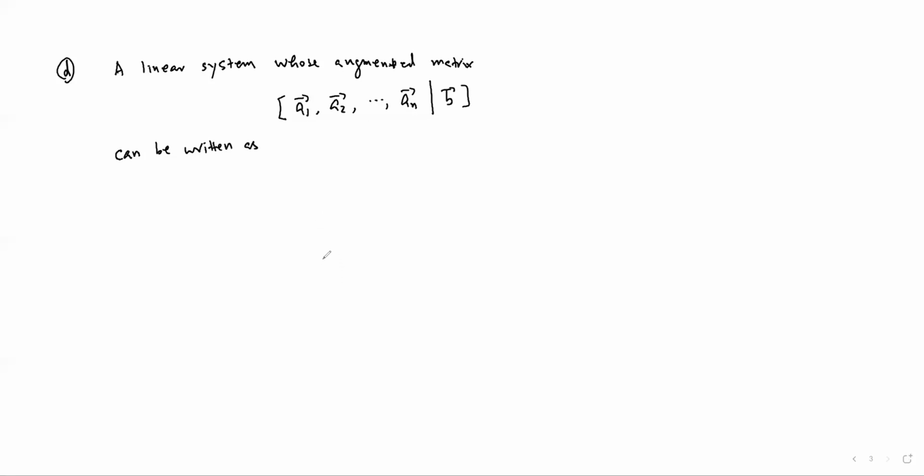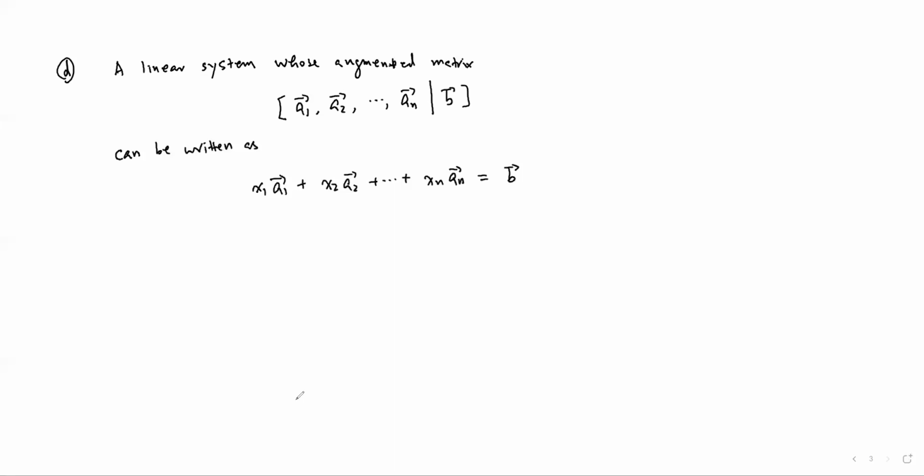Which vector equation? This vector equation: X1 unknown times the first column, X2 unknown times the second column, up to Xn times the last column is equal to B.